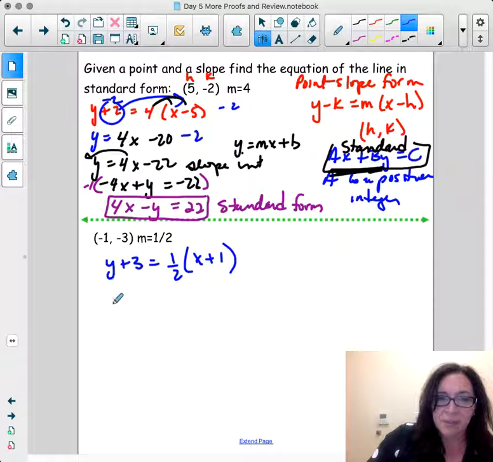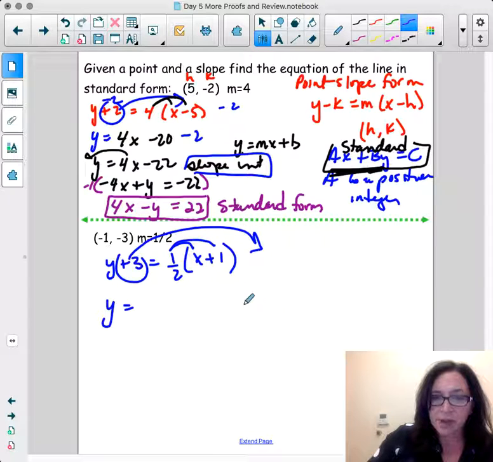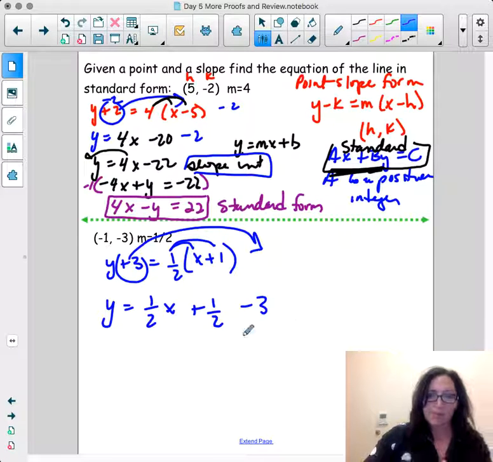Standard form, we need to solve for y to get there. We need to go through slope-intercept form, remember? Solve for y. So we have y equals, now I'm going to distribute here, and then this plus 3, I'm moving to the other side. So there it is right there. So distributing this, 1/2 times x is 1/2 x, 1/2 times 1 is plus 1/2, minus 3.